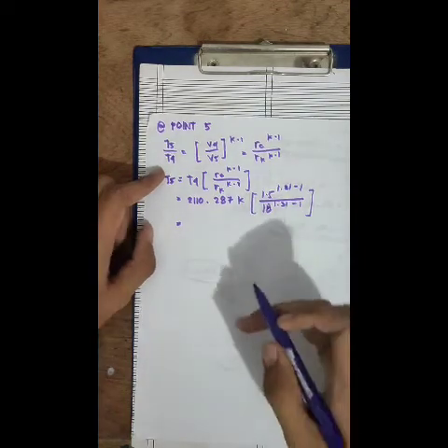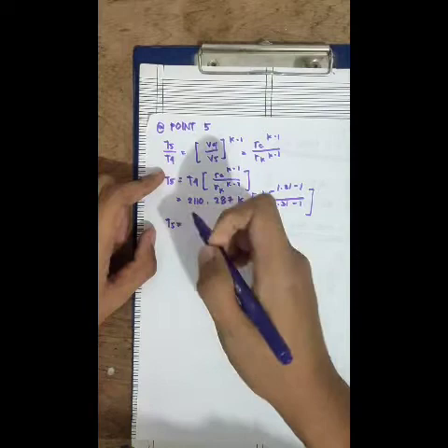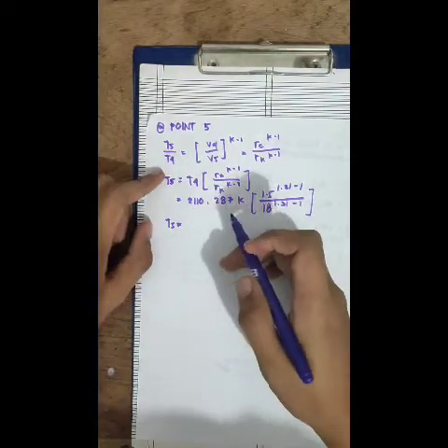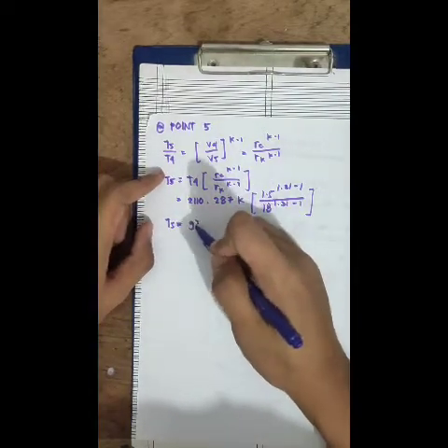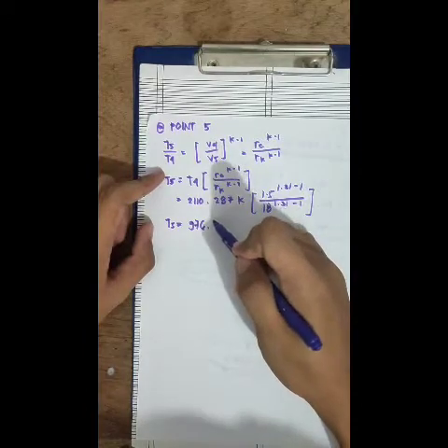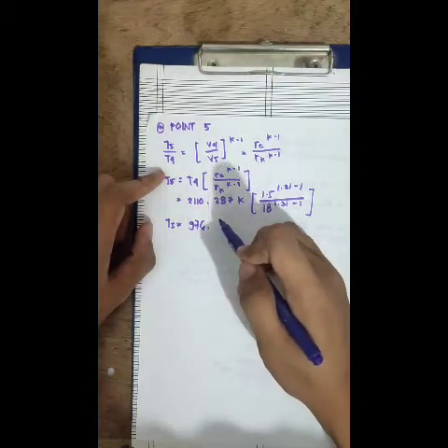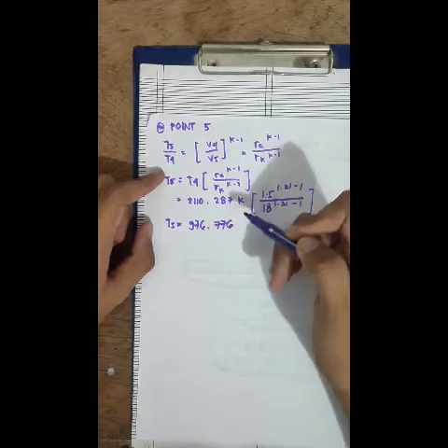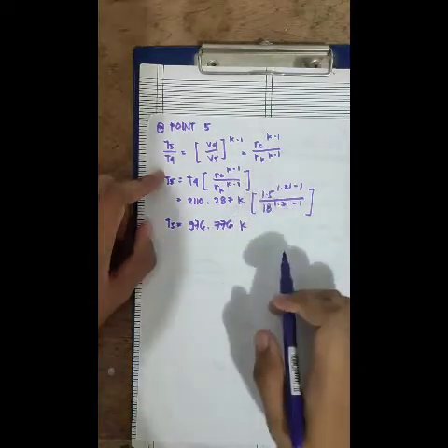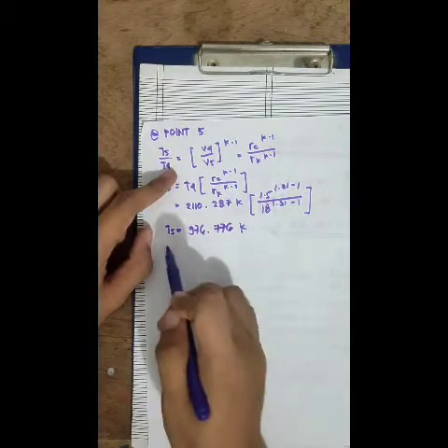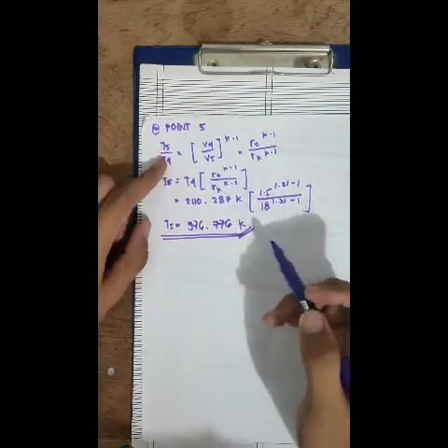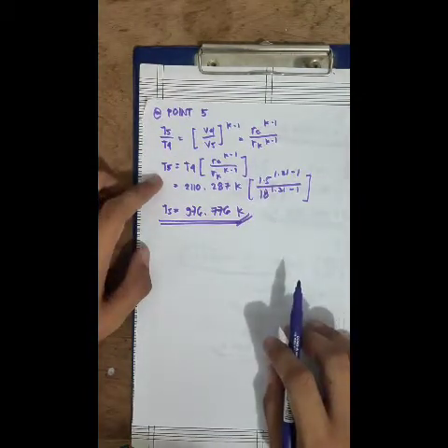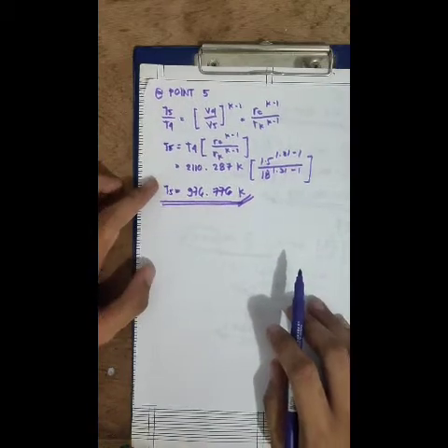So the answer that we get is 976.776 Kelvin. So that is the temperature 976.776.